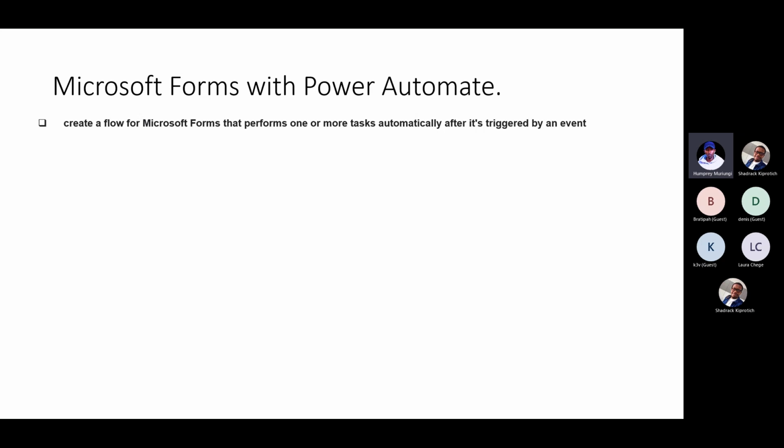So you may take the data that has been fed by the respondents and update it in an Excel file or a SharePoint document, and then you may also send an email, either to the respondent or to where the data is supposed to go. Maybe it is your organization, maybe your finance officer, your manager. Yeah, you can just do that using Power Automate.